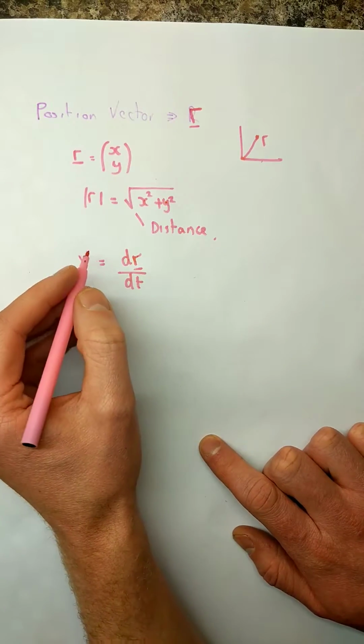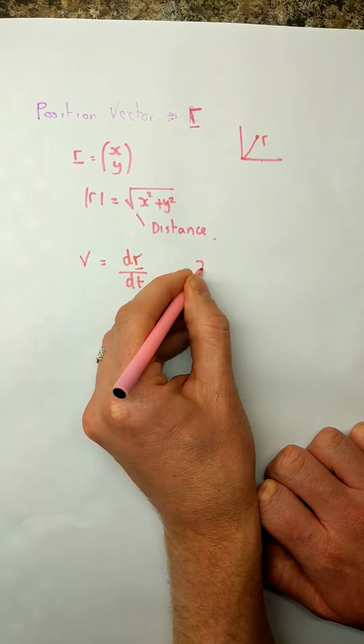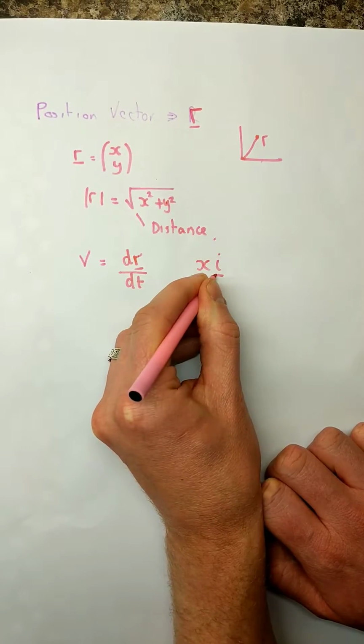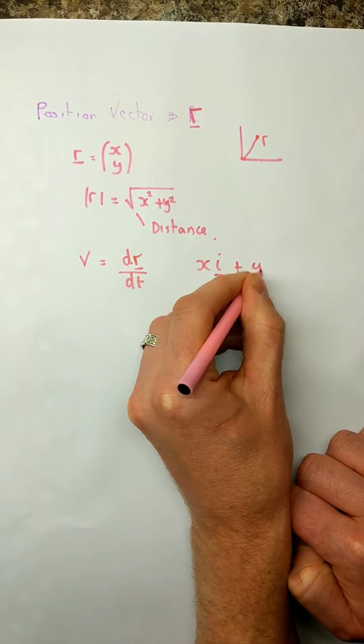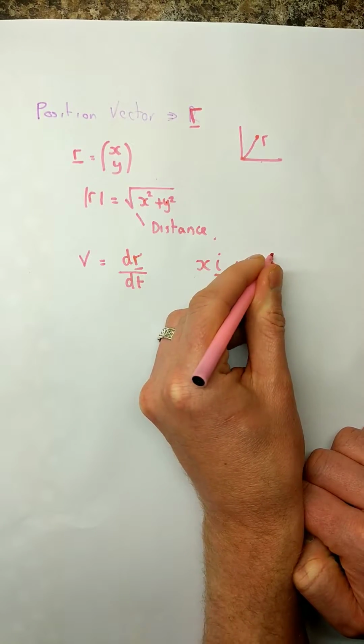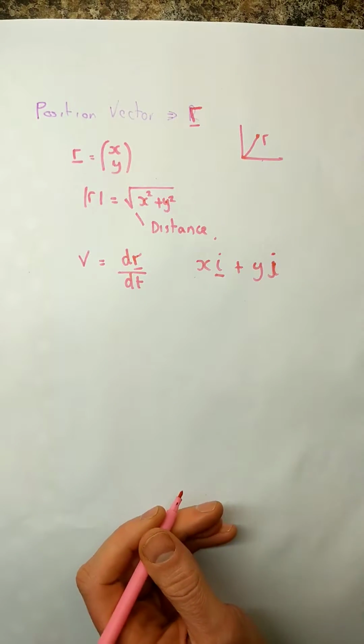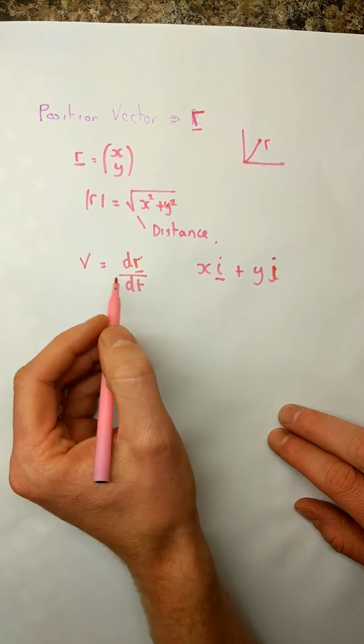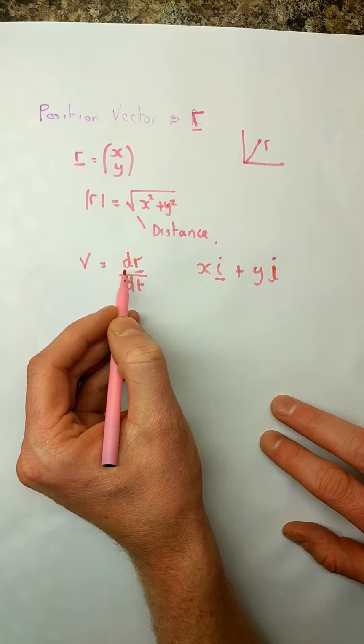Now if I say that the position of the object is x in the i direction plus y in the j direction, then finding the velocity involves differentiation.